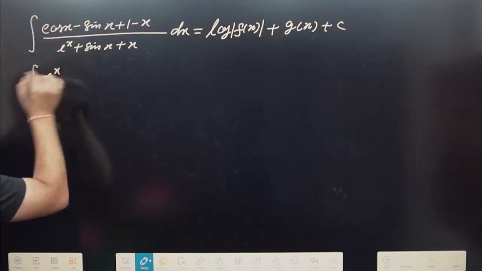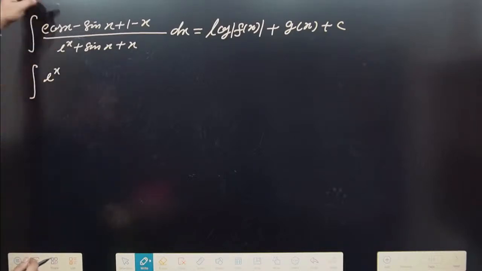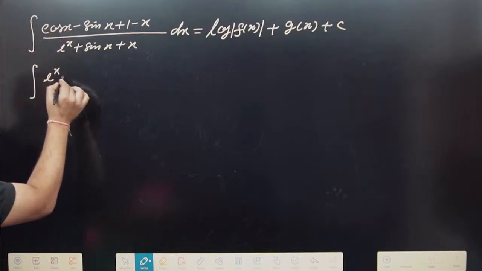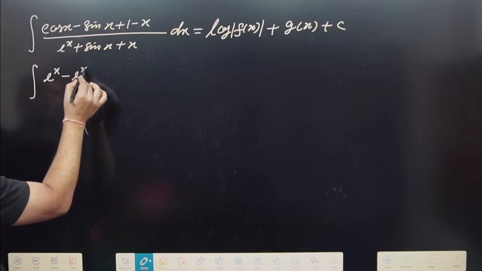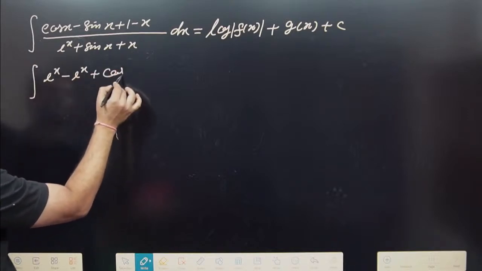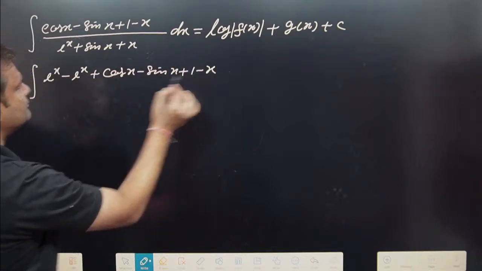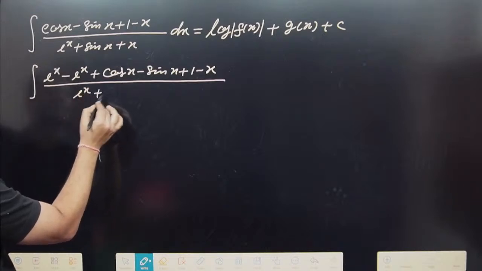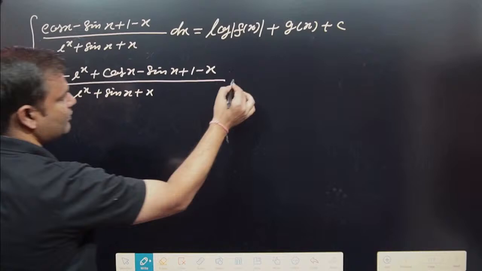Look, e to power x adding and e to power x subtracting, divided by e to power x plus sin x plus x into dx.